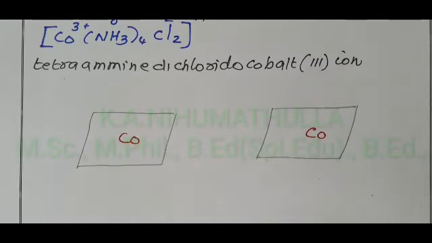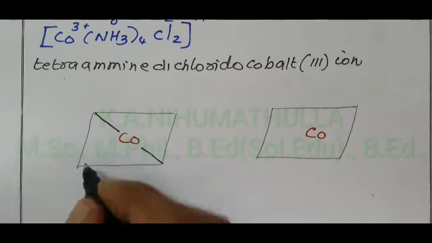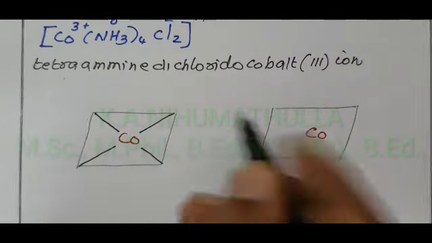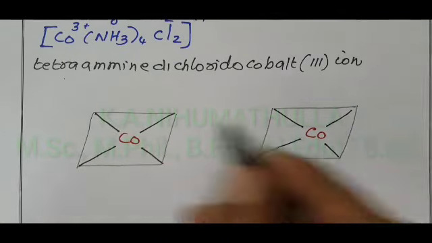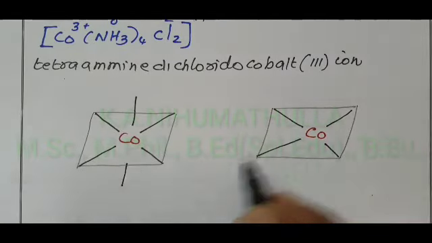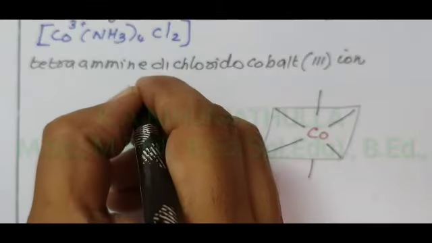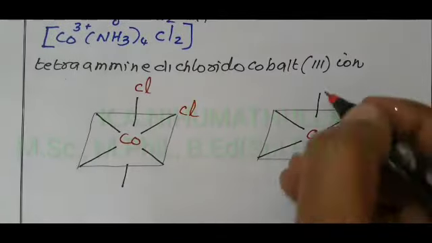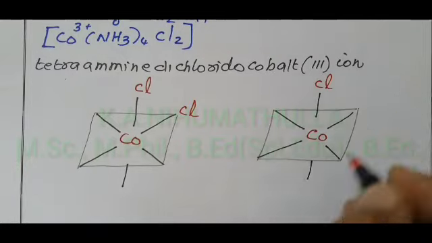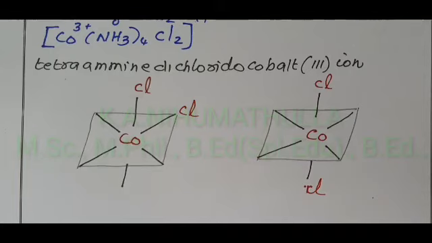Above the plane 1 ligand, below the plane 1 ligand: 1, 2, 3, 4, 5, 6, 7, 8. Similar ligands, we have Cl as the similar ligand. If the similar ligands occupy 1, 2 positions, the isomer is called cis. If the similar ligands occupy 1, 6 positions, it is called trans.